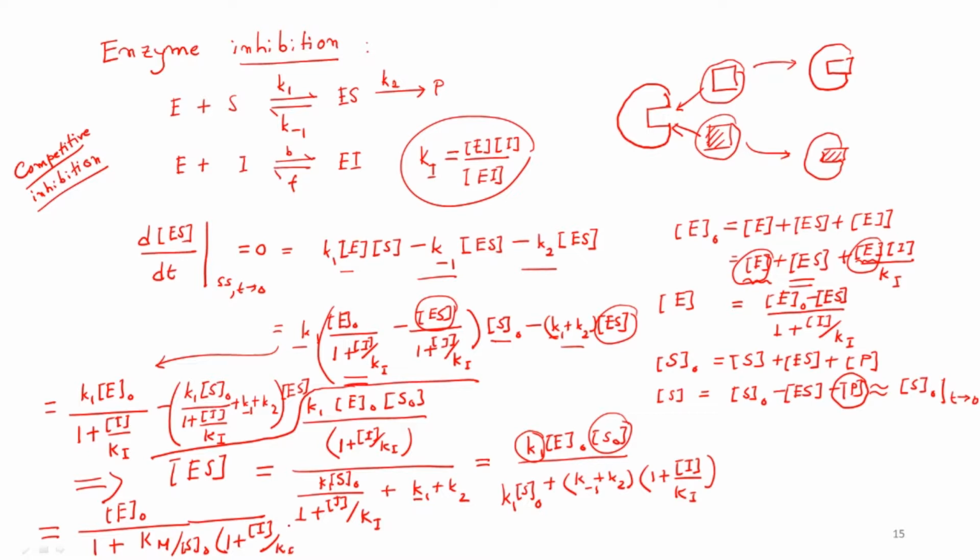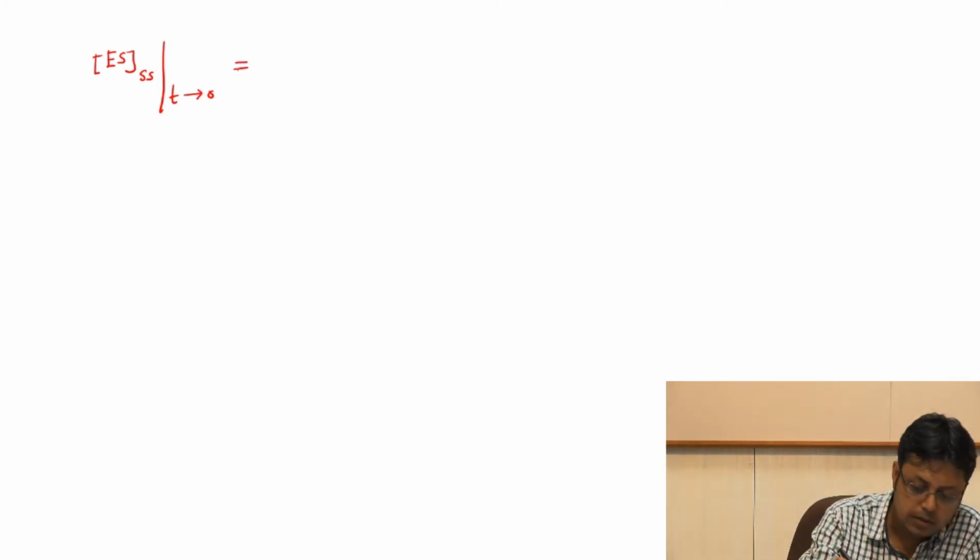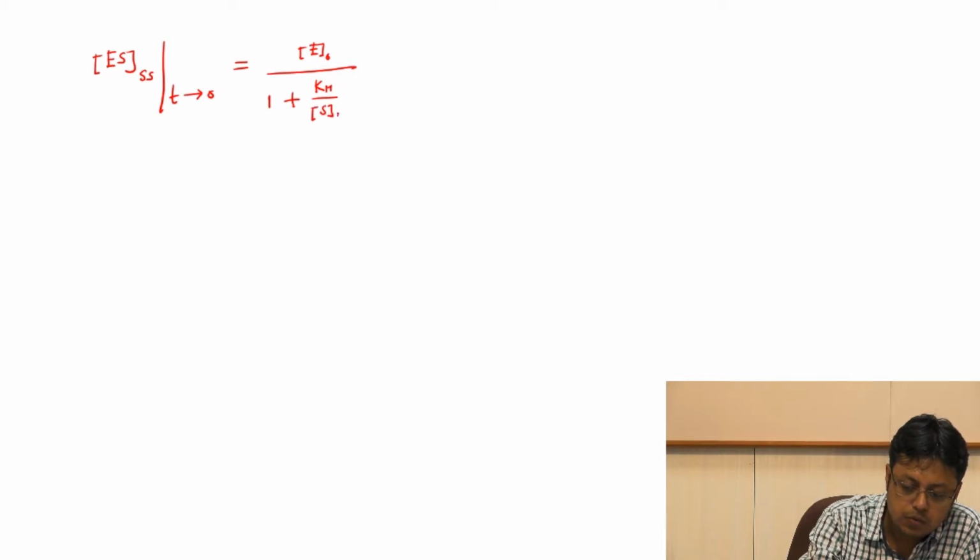Now let us write it very clearly. What we got is the enzyme substrate complex concentration under steady state at t tends to 0, which is nothing but, K1 into E0 we already removed, E0 divided by 1 plus Km by S0 into 1 plus I divided by Ki.